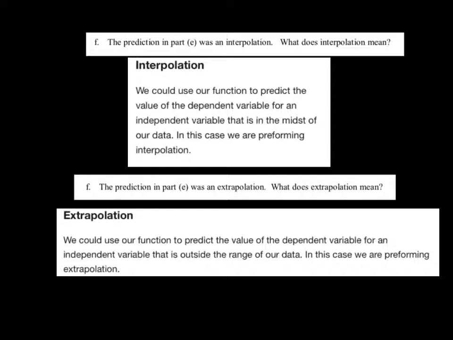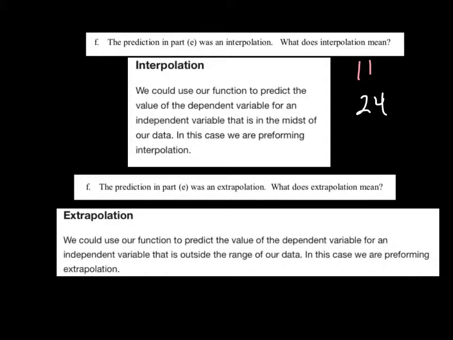Okay, so first, interpolation. And inter means within. So we're going to use our function to predict the value. That's what we did. We used 24 hours to predict the value of a dependent variable, the percentage of homework completed, for an independent variable that is in the midst of our data. 24 hours was the number that we used in that last problem. The fewest amount of hours that we had for TV was 11.